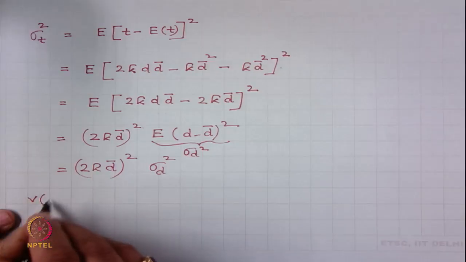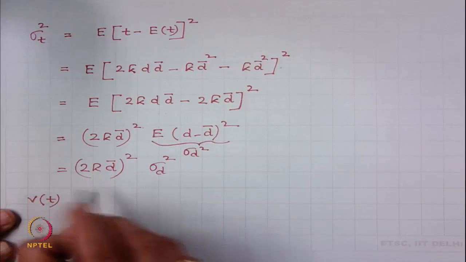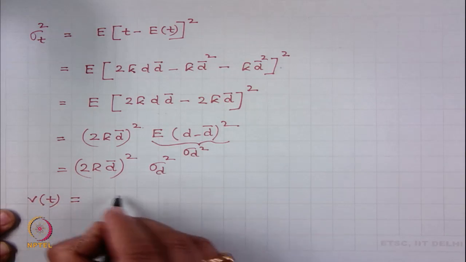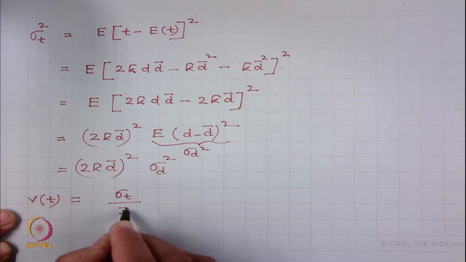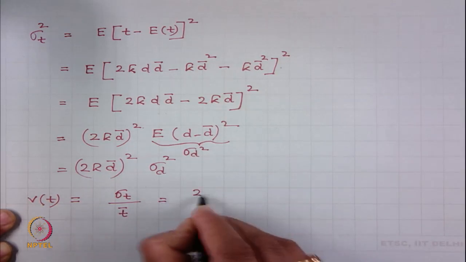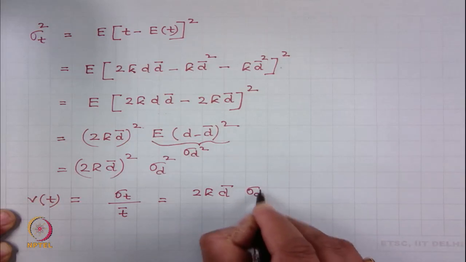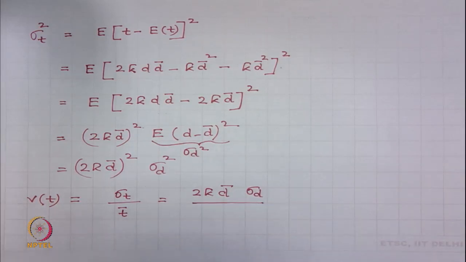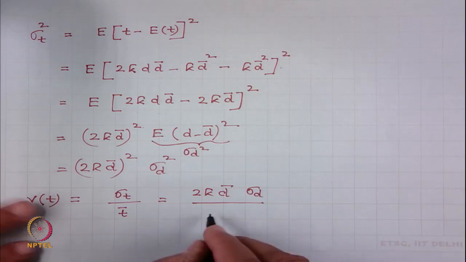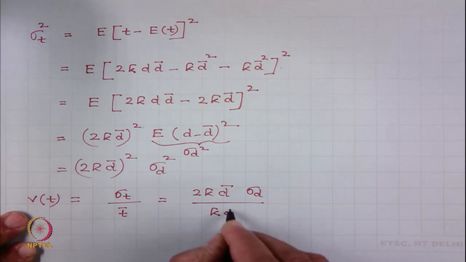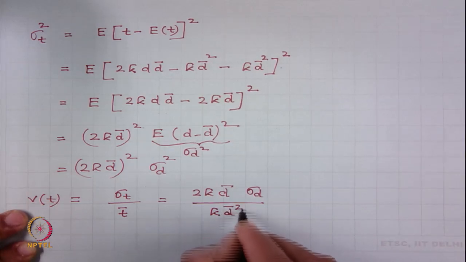Okay. Then coefficient of variation of t is sigma t by t bar. What is sigma t? Sigma t is 2 k d bar into sigma d, divided by, what was t bar? T bar was k d bar square.